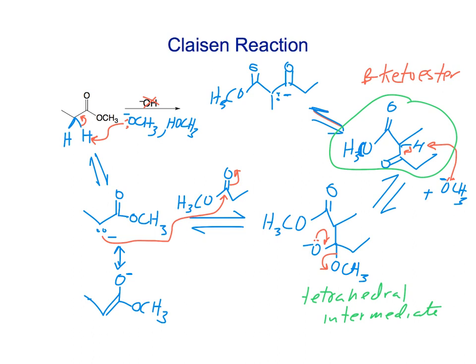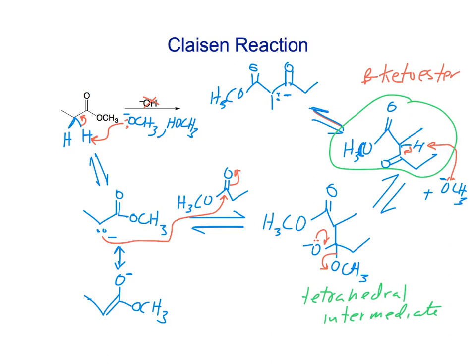But when we want to work up the reaction, we would just add some water or some dilute acid, and it would protonate that. We'd probably do some extraction, with an organic layer and an aqueous acid layer, and we could extract the product, the beta keto ester, into the organic layer once it's been protonated.